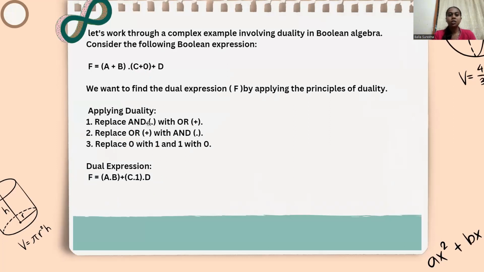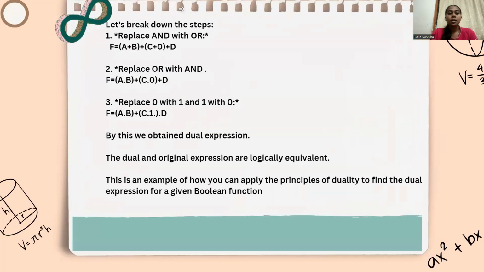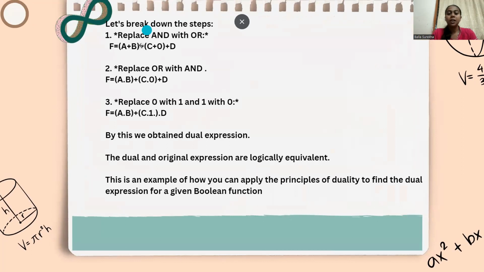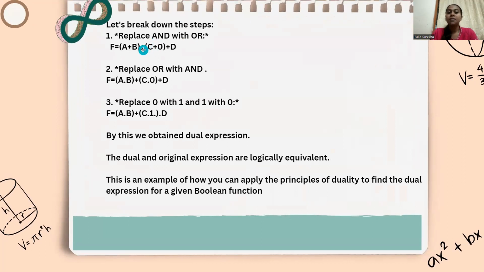We'll break this expression into steps so that we can understand how this replacing is done. Now, if we break it down step by step, we are replacing AND with OR. Here we have seen the AND operator in the original expression, so it is replaced with the OR operator, and replacing OR with AND. Here we have seen that the OR operator was there, and it was replaced with the AND operator.